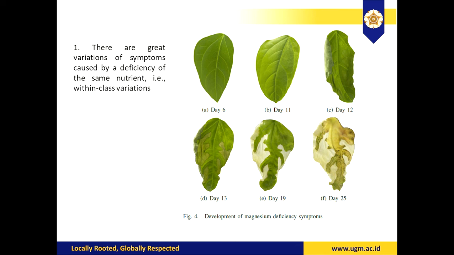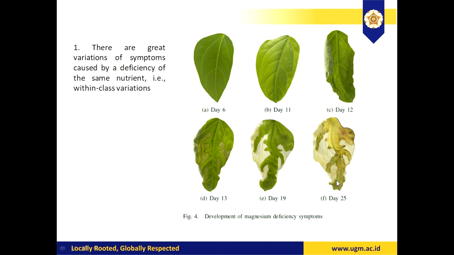Necrosis regions or brown regions on the left and right borders obviously appeared on day 13 and turned white on day 19. Additionally, the other green regions of the leaves became yellowish on day 25.